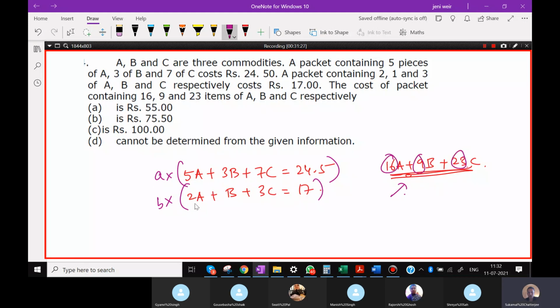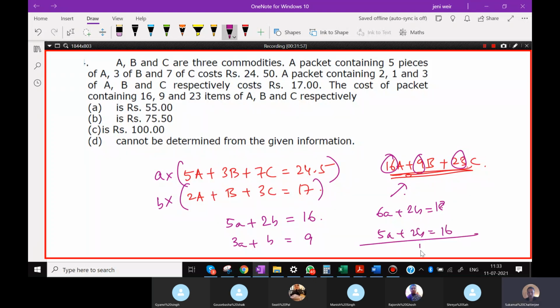So that means 5 into small a plus 2 into b should be equal to 16, and 3 into a plus b should be equal to 9. So what would be the values of a and b? 3a plus b is 9, means 6a plus 2b is 18, and 5a plus 2b is 16.